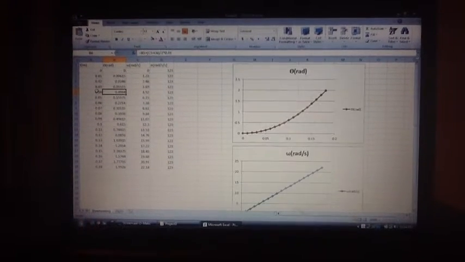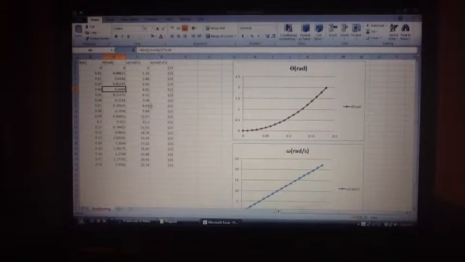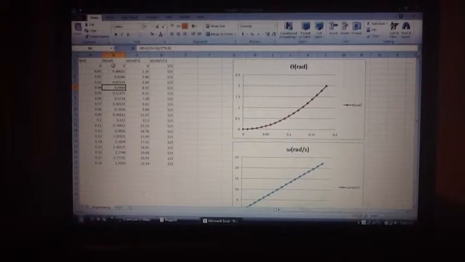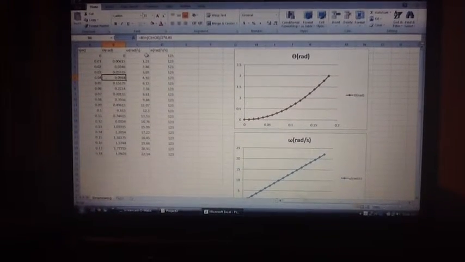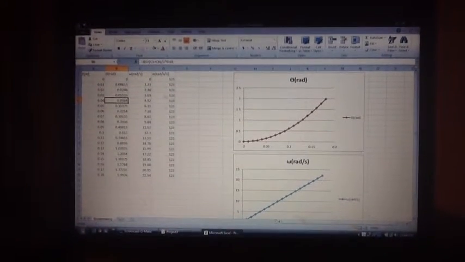So these are the calculations for the angular velocities and things like that. We have the position, which is the theta, in the swing, and then we have our omega and our alpha.